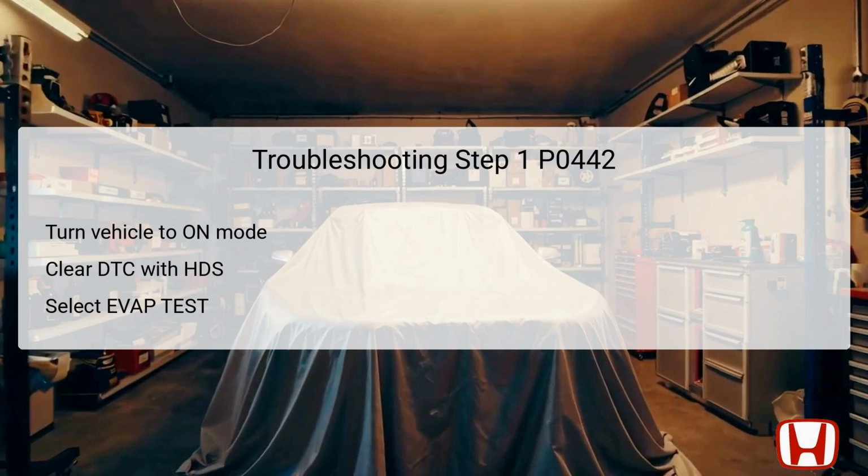Clear any existing diagnostic trouble codes to start fresh, allowing for accurate readings during subsequent tests. Once this is done, select the EVAP test option in the HDS inspection menu and perform the function test. Depending on whether the test results indicate an OK or a failure, you can determine the next course of action.